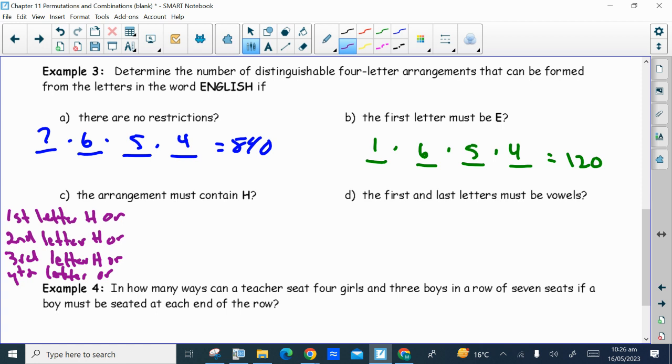We can have one, or the second, or the third, or the fourth.